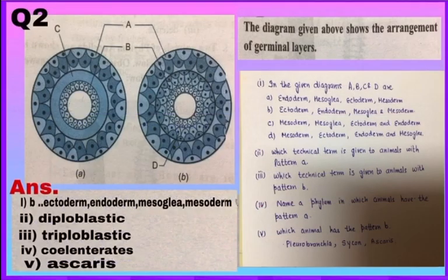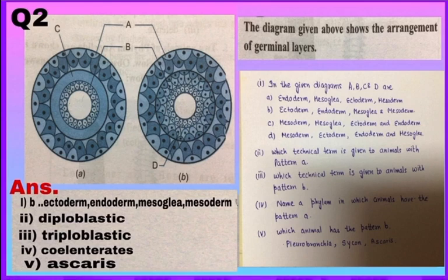Question 2. Two diagrams A and B हैं, which are showing the arrangement of germ layers. Now see the first part of the question. In the given diagrams, A, B, C and D are: A is ectoderm, B is endoderm, C is mesoglea and D is mesoderm.